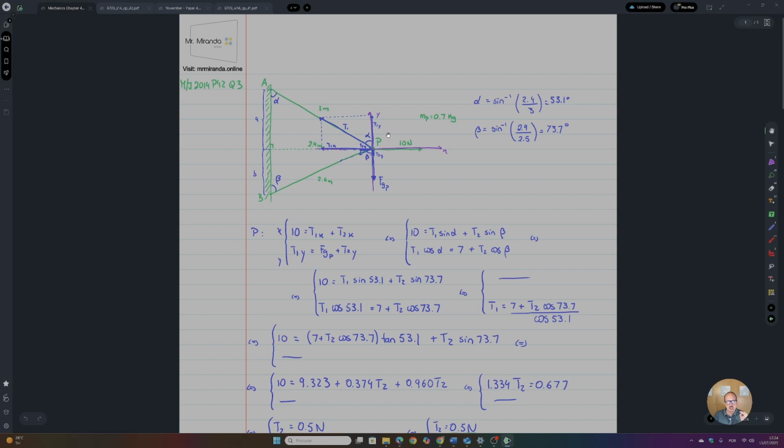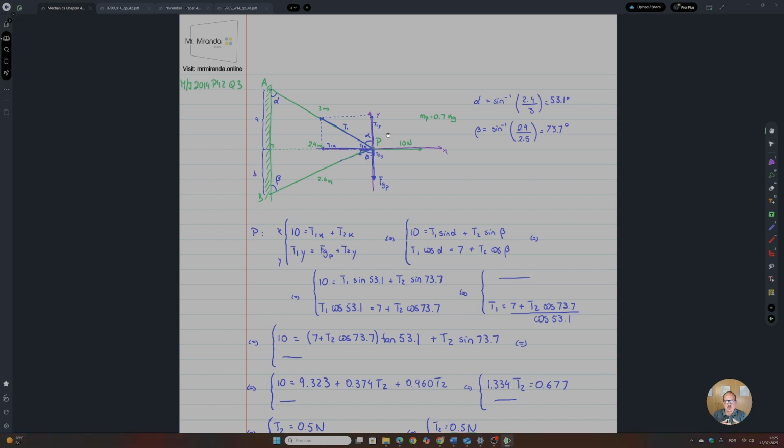In all of these questions, the system is in equilibrium. This means that the sum of all forces needs to be 0. When you're dealing with the decomposition of forces, when you're dealing with positioning the forces in a system of axes, in x and y, this means that the sum of the forces in each one of these axes also needs to be 0.